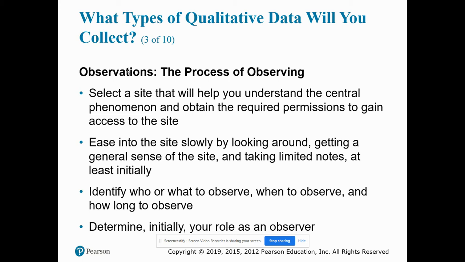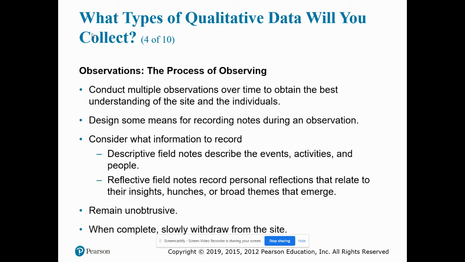You get a general sense of the site and you take limited notes, at least initially. You're going to identify who or what to observe, when to observe, and how long to observe. Determine initially your role as an observer. I like how your book just breaks it down step by step of what you would need to do and what that looks like.